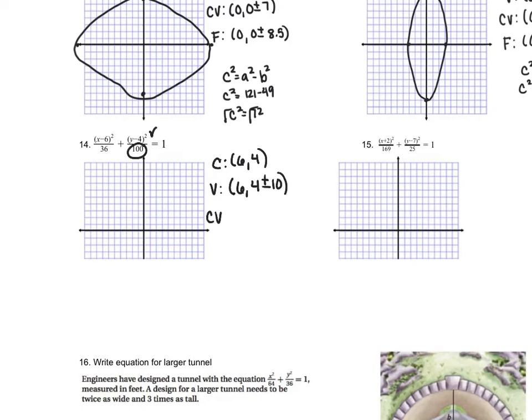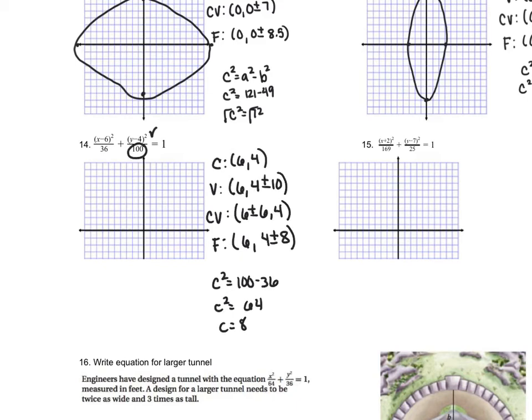My co-vertices are at h plus or minus b, comma k, which is 4. And then my foci, let's find it, c squared equals 100 minus 36. So my foci are going to occur at 6 comma 4 plus or minus 8.